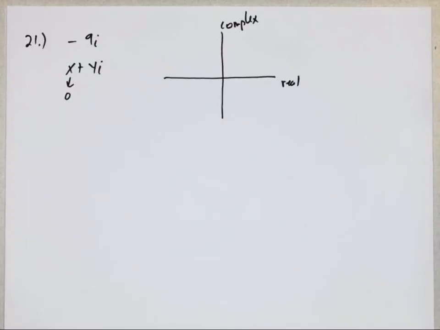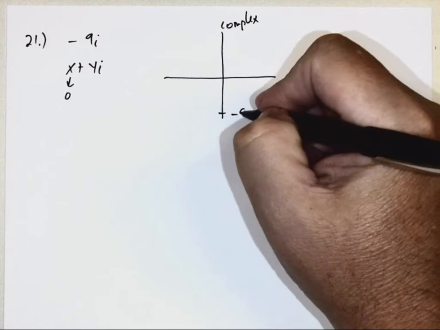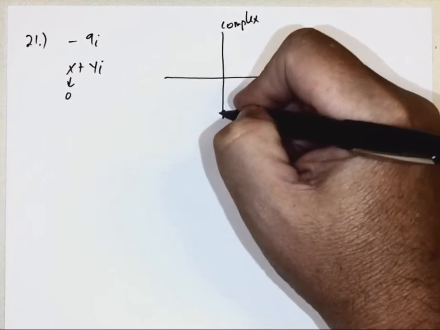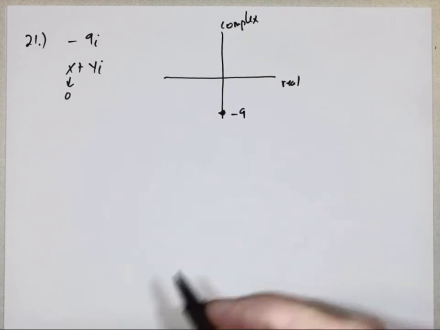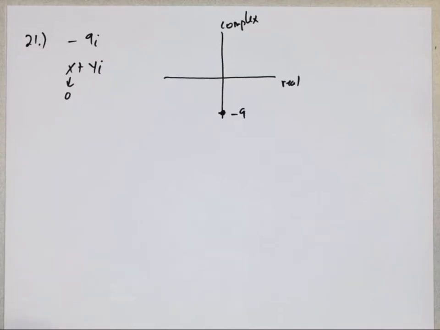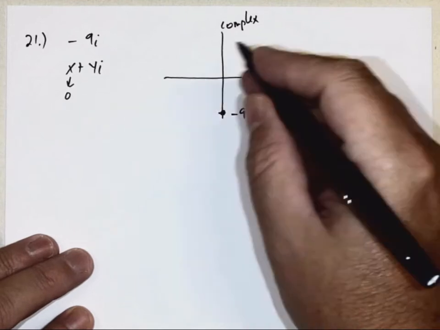So if I try and graph this, negative 9i in the complex plane means I go down 9, and it's right here. So now the question is, what would this be in polar coordinates? Actually, I don't even really need to do any math for this one.